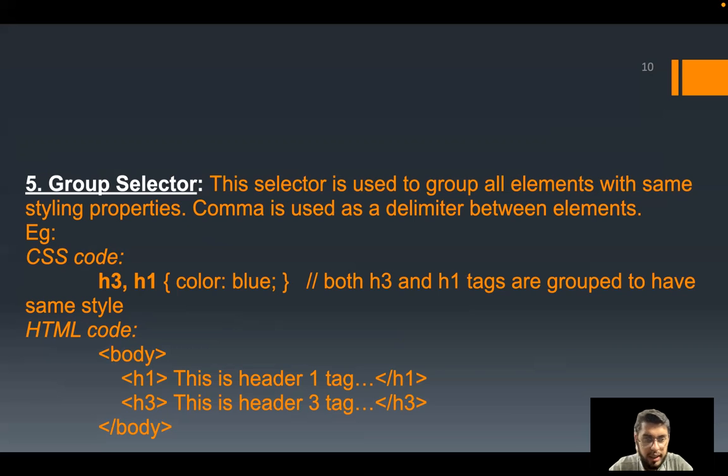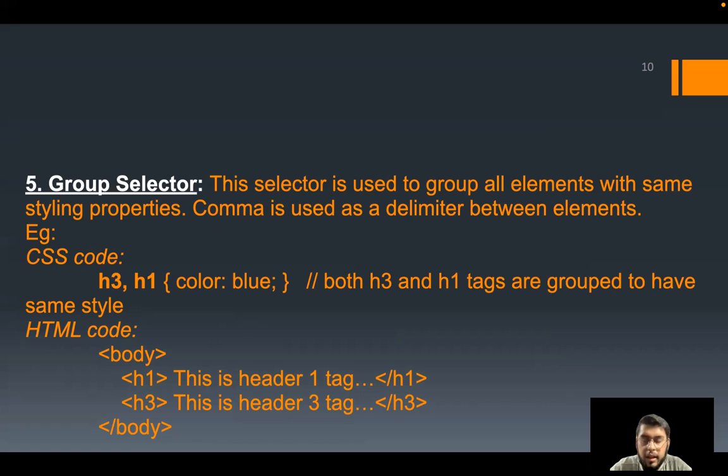You can change it. But if you look to the CSS code, if we want a same property like color to be blue for both H1 and H3, then we use H3 comma H1 and then we specify the property. As you can see also, I have given one comment, both H3 and H1 tags are grouped to have the same styling.